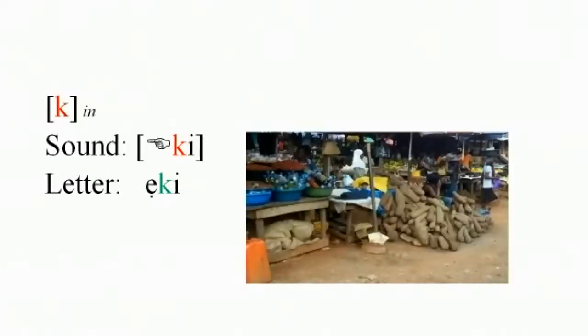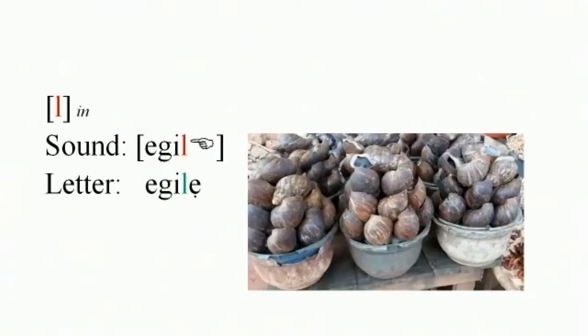Then the sound T is represented by the letter K in Eki. You have the letter K written there in green. Then the sound L is represented by the letter L of the Roman alphabet.